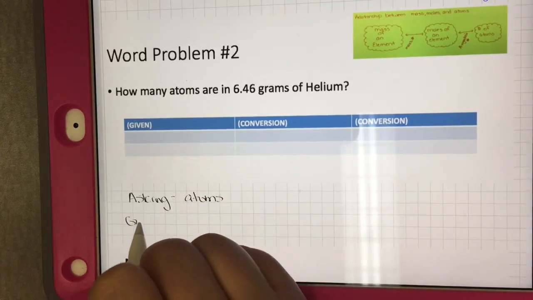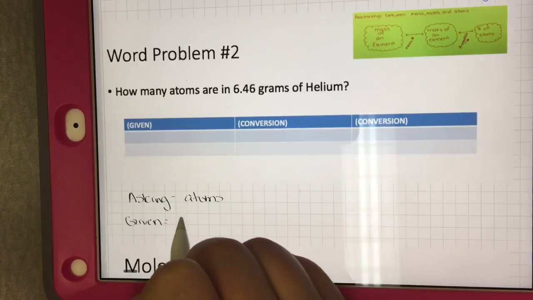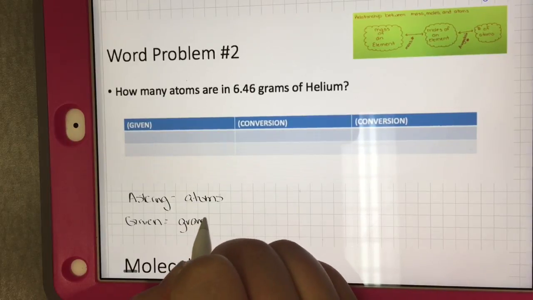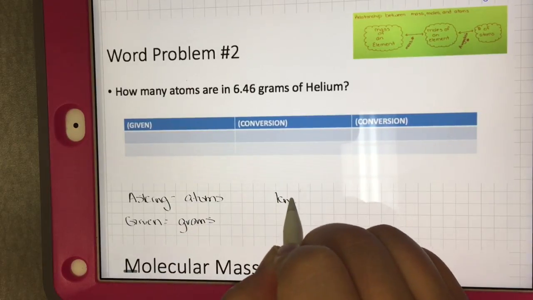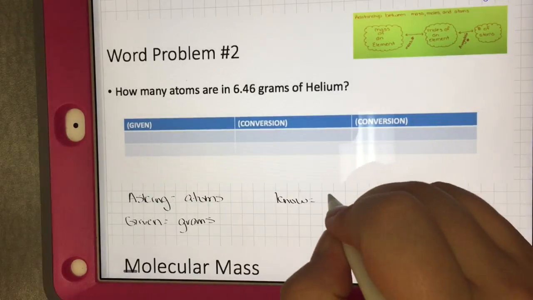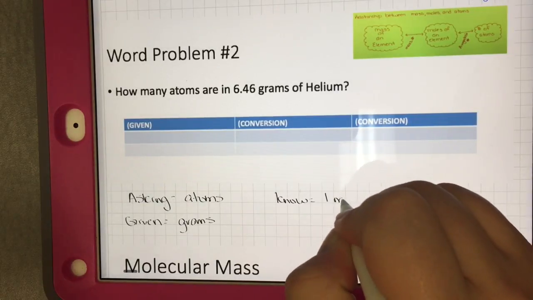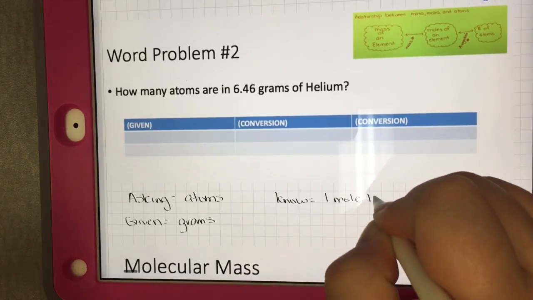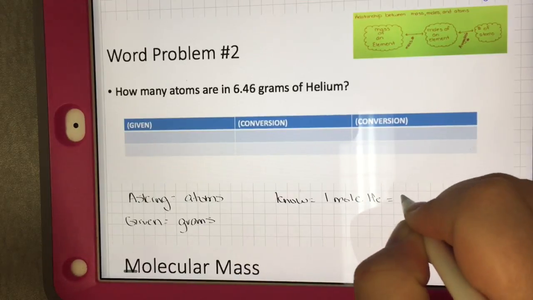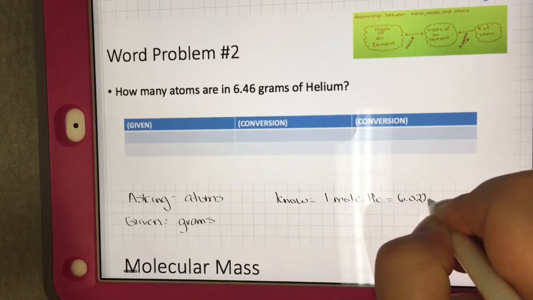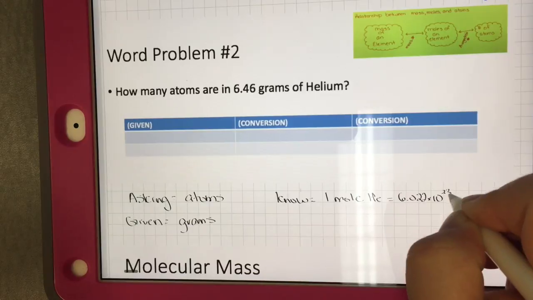We're given grams, and we know that 1 mole of helium equals 6.022 times 10 to the 23rd atoms, which is what they ask for.